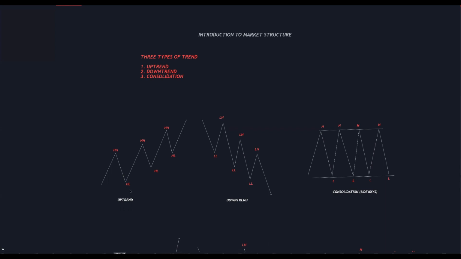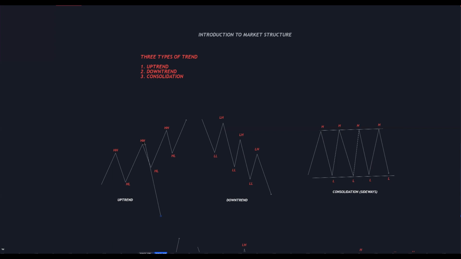Now, why are you buying at the higher lows? Because once you buy here, the price will increase. And once the price rises, you'll be in profit because the price is increasing.